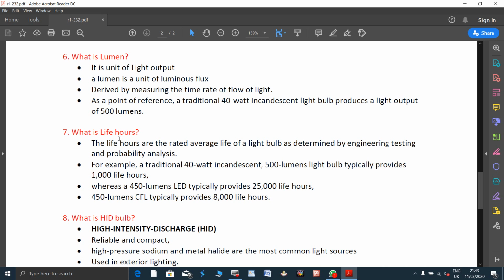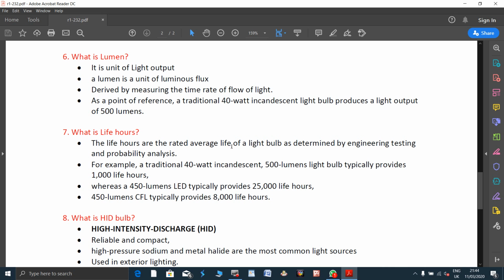So in short, an example is a 40 watt incandescent type of bulb with a brightness of 500 lumens can have 1000 total life hours. That is, it can be on at a stretch or interruptedly for a total of 1000 hours. And a 450 lumen LED type of bulb has 25,000 life hours.